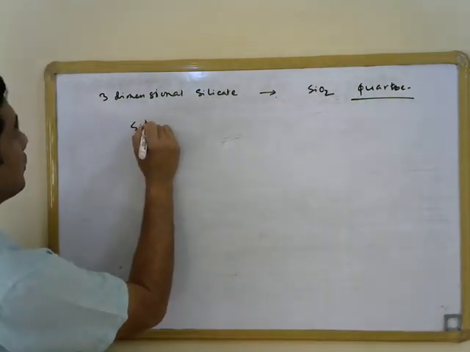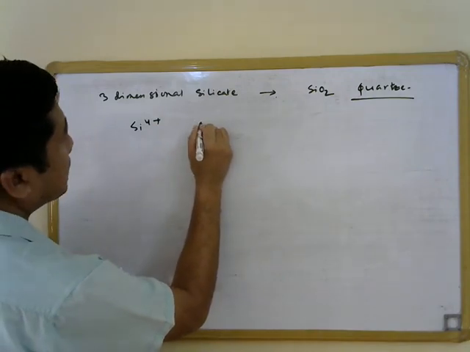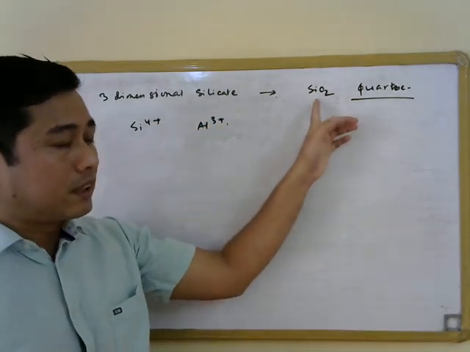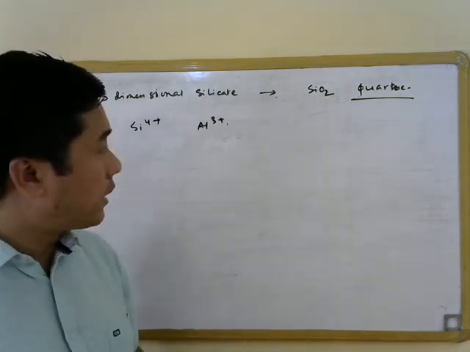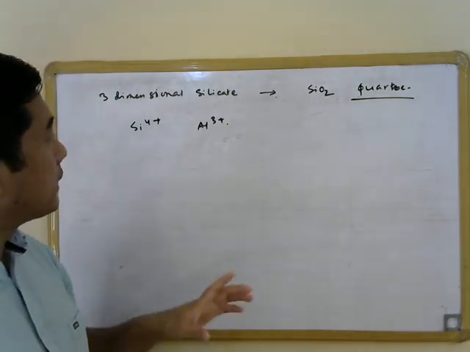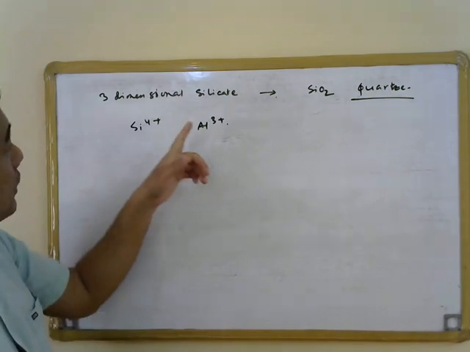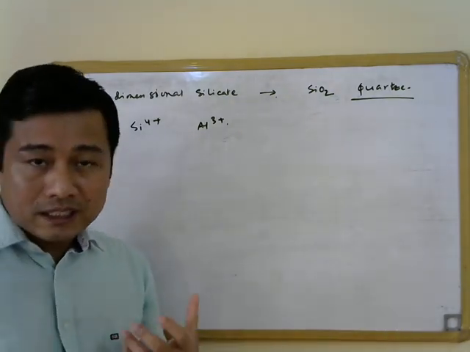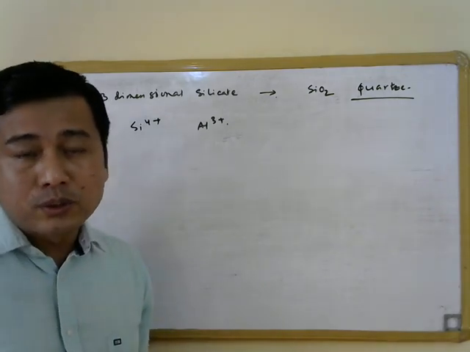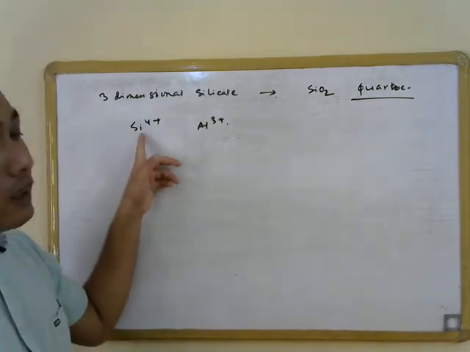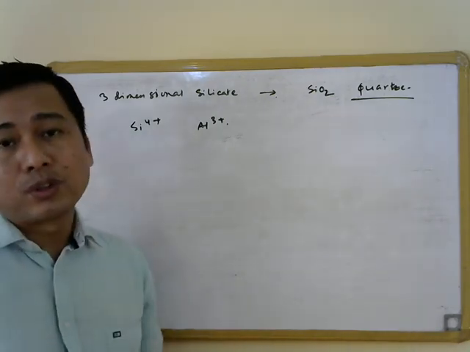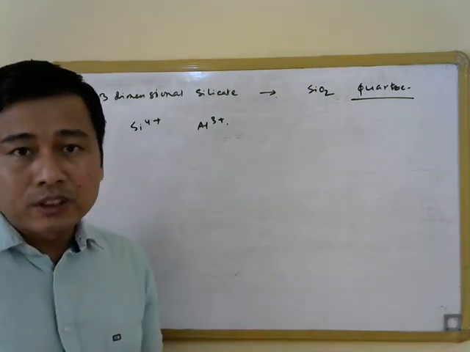So if we replace Si4+ by Al3+, in SiO2 it is electroneutral, but the moment we replace some of the Si4+ ions with Al3+ ions, the framework or the three-dimensional structure is no longer going to be electroneutral, because we have reduced the number of positive charges here, and that is why the framework is going to become anionic in nature.